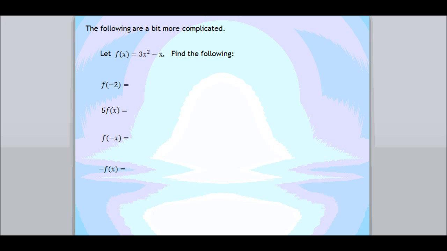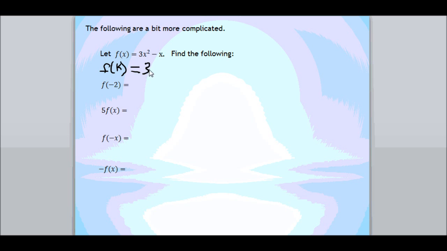So here's an example of when you're not just plugging in a number, when other things can happen. By the way, let's do this one real fast. What is f of k? Well, if you're starting to understand this, what we're doing is we're replacing the x with whatever's inside the parentheses.